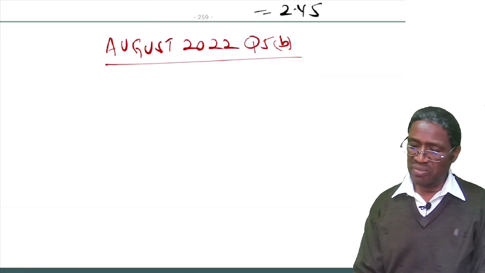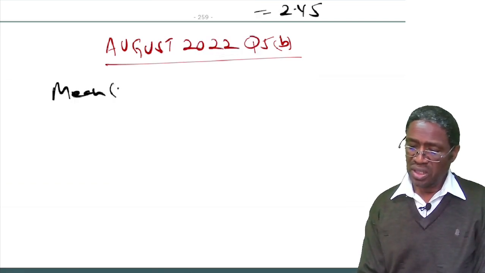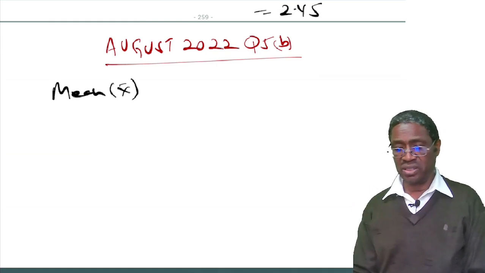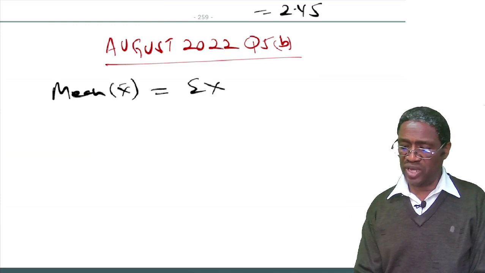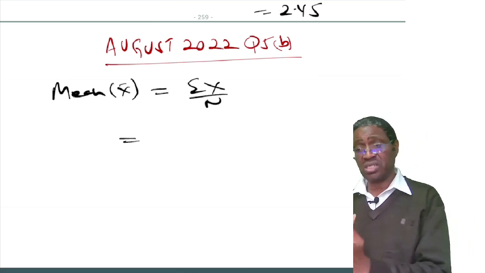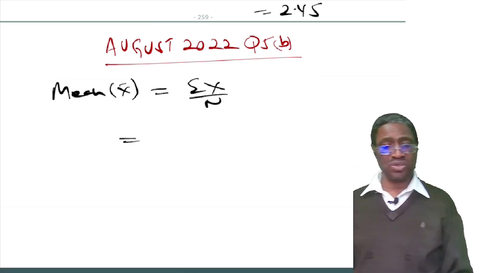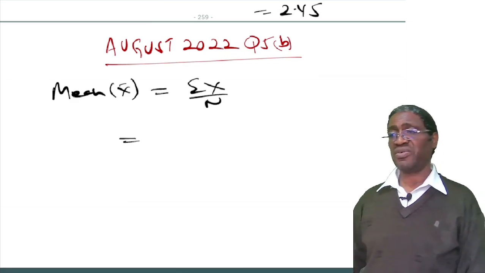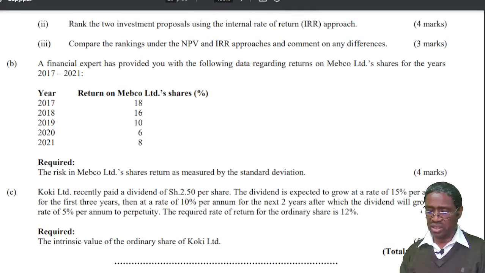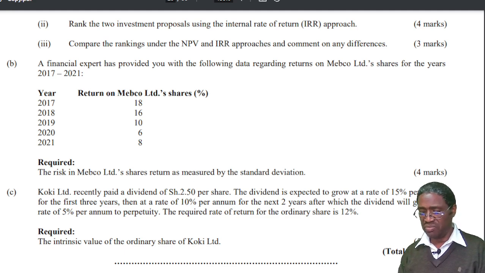So we say here mean, x bar. We are calculating the standard deviation, but to get the standard deviation, you need the mean. So mean is equal to summation of x divided by n. Let me add all those returns and divide by 5. That is the average. So our mean is 18 plus 16 plus 10 plus 6 plus 8, divided by 5.